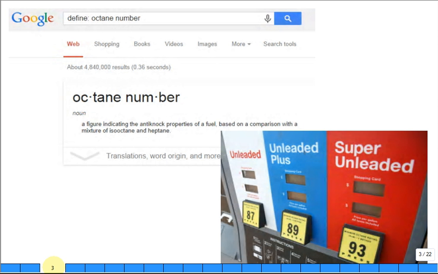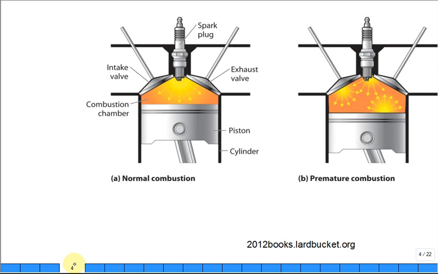Octane number. I think I talked about this last time, right? You have a choice when you fill up. You can pay a little bit more for higher octane, but what exactly are you getting? You're getting an increased resistance to knock. Again, to talk about the knock, it's before the piston gets to top dead center. The fuel could start to combust.